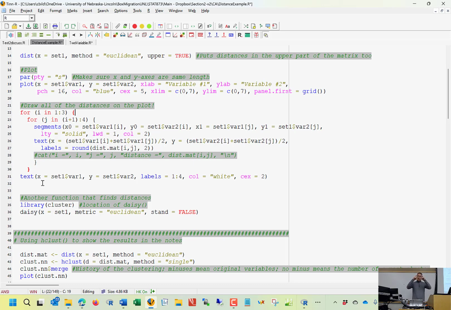Everything inside those 2 curly brackets is within that for loop. Then I say for j in i plus 1 to 4. Everything inside the curly bracket is within that for loop. So I have nested for loops.